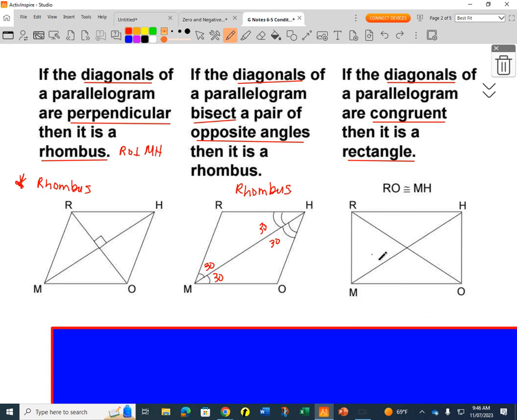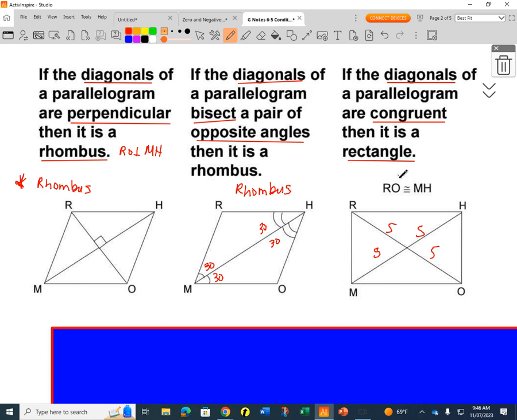They might label the measure like 5 and 5 and 5 and 5, right? Instead of giving us this, they're showing us that MH is 10 and RO is 10. So we have to know that that means they have the same measure, which means they are congruent.